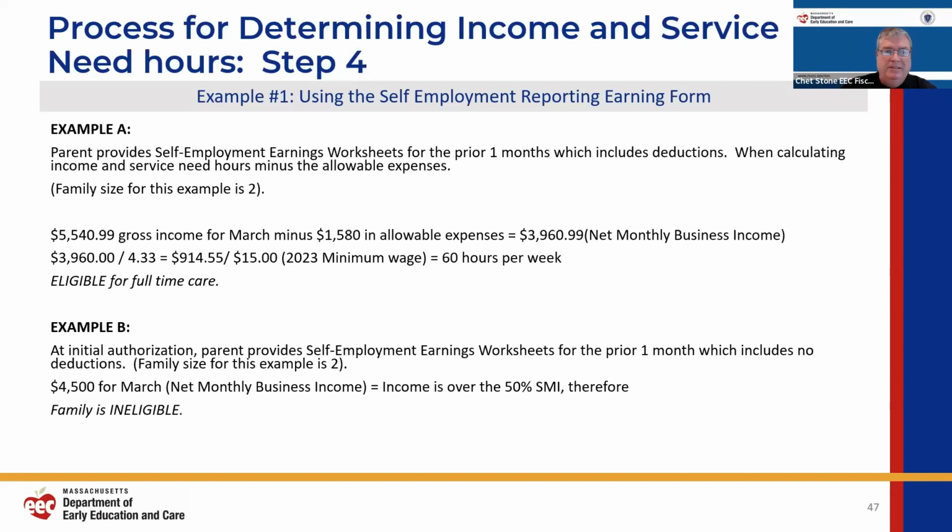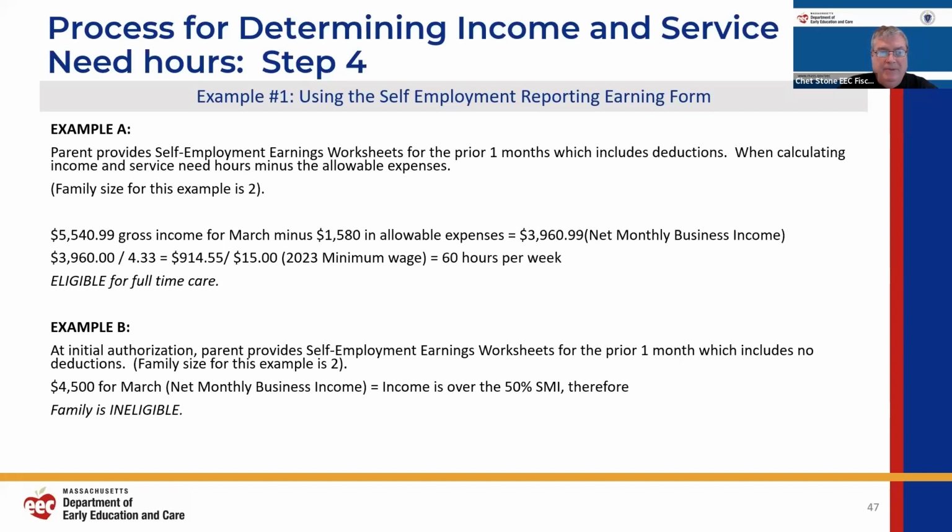You put all the expenses in the boxes, you tabulate it up, it comes out to $1,580. You deduct the expenses from the gross, and you end up with a net monthly business income amount. Take that amount, and this is the calculation that we've been doing all along. Take the net monthly business income amount, divide it by the 4.33, gets you the $914 per week. Divide that by the $15 minimum wage, gets you the 60 hours per week. That makes that family eligible for full-time care.